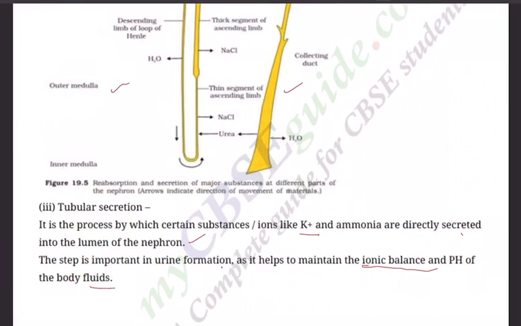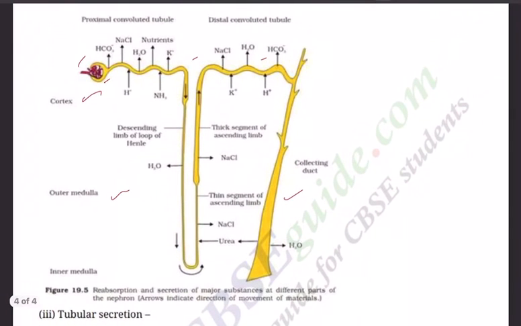So you are seeing here K+ and the ammonia are directly secreted into the lumen. So you can see here K+, it is directly secreted, and a little bit of urea also you can see here in the Henle's loop, and all the important minerals, they're all secreted, reabsorbed back.